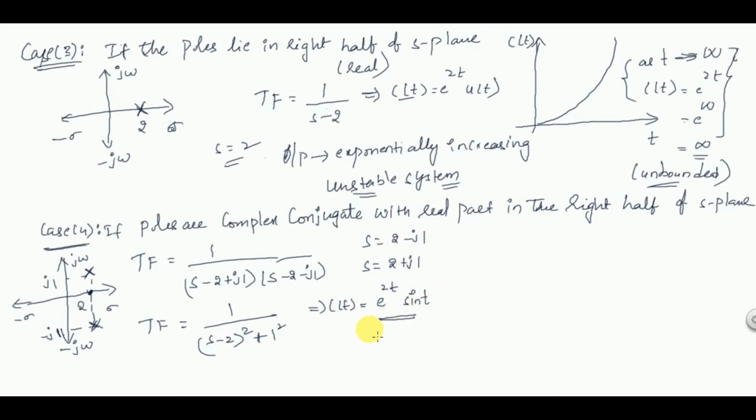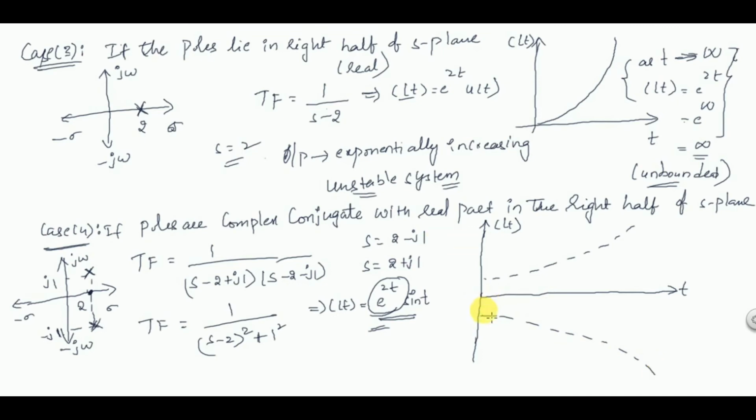It is also the product of an exponential term multiplied by a sinusoidal term, but here the exponential is an exponentially increasing signal. In case 2 we have seen the same, but there it was an exponentially decreasing signal, whereas here it is exponentially increasing. If you draw c of t, it is an exponentially increasing signal multiplied by sine t.